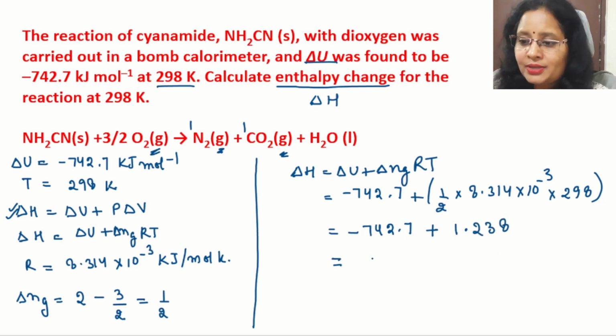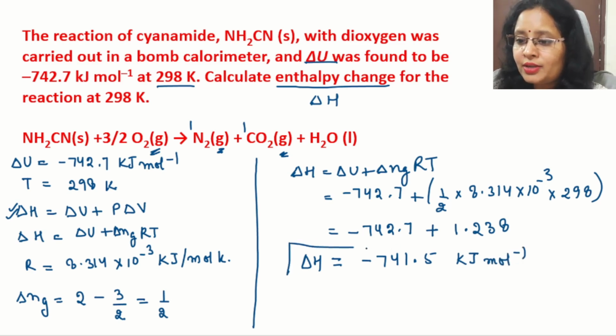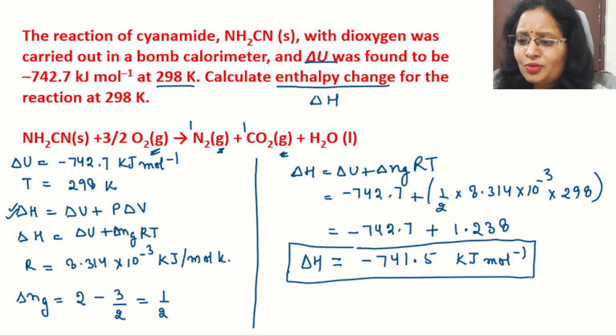After doing the addition, we will get the value minus 741.5. This is delta H, the change in enthalpy, and the unit will be kilojoule per mole. And this is our required answer, friends. The calculation is easy. The numerical is also very easy.